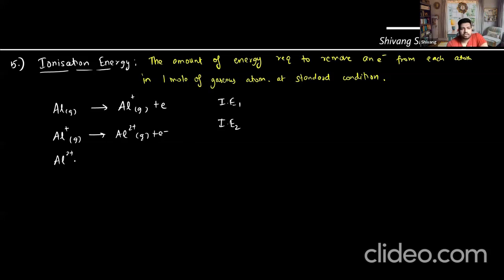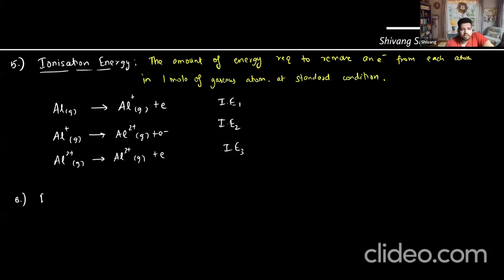And then Al2+ gas to Al3+ gas plus an electron is called third ionization energy. So you just have to remove one electron from each atom in 1 mole of gaseous atoms. There is more to ionization energy, graphs and all, but that's a different chapter. We are using it here as an enthalpy change in our calculation, so that much information is enough for the calculation you're about to do.